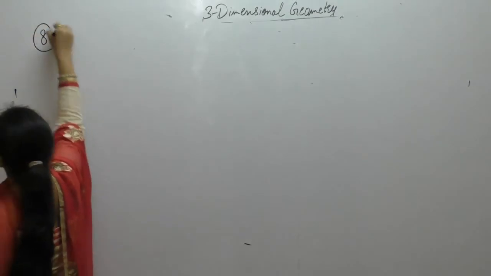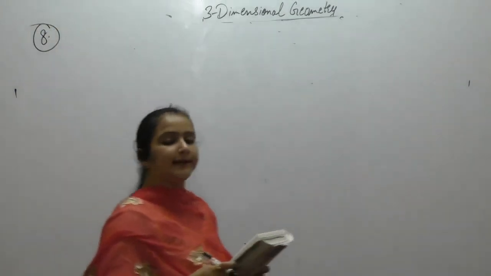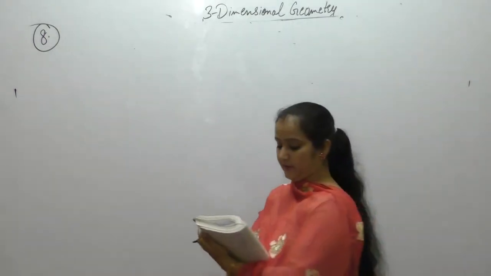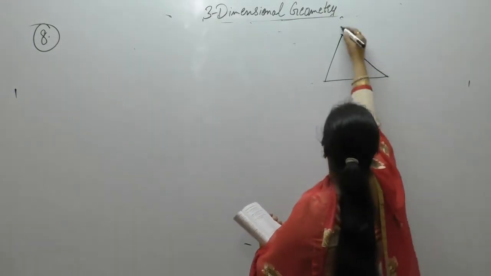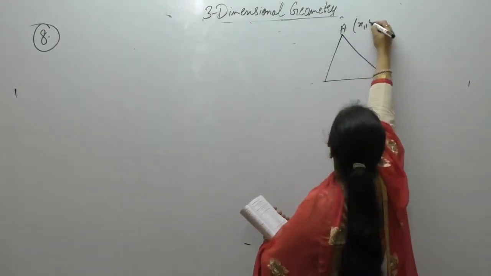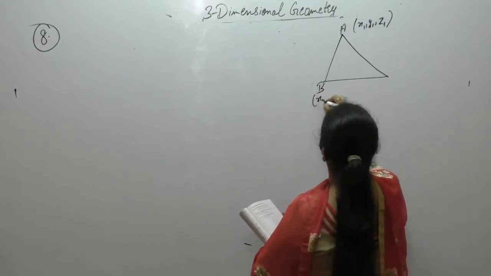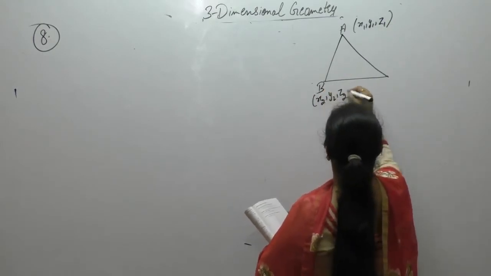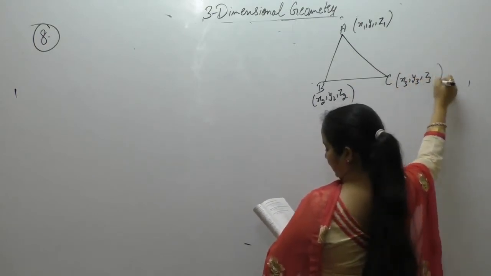Now next question. Show that the centroid of the triangle with vertices A, B, C, A as x1, y1, z1, B is x2, y2, z2 and C is x3, y3, z3.